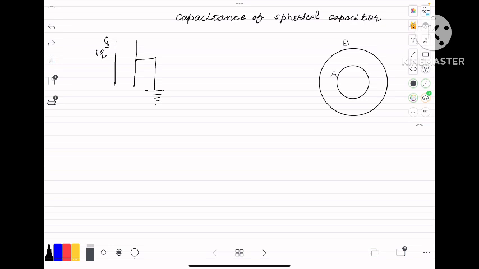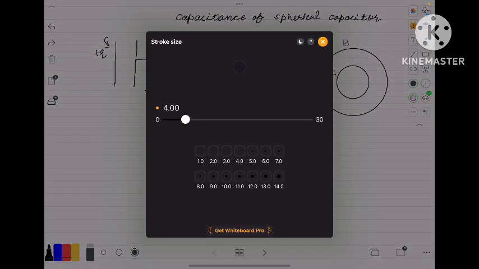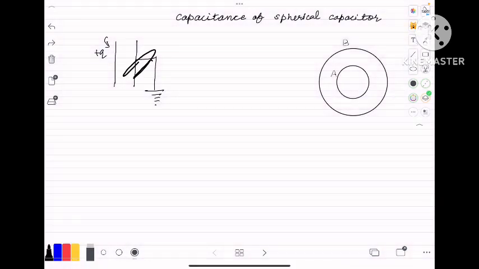Here, let us take two concentric spheres A and B. The sphere A is given a charge plus Q. Due to induction, equal and opposite charges appear on inner and outer face of the sphere B. The minus Q charge appears on the inner surface and plus Q charge appears on the outer face of the sphere B.